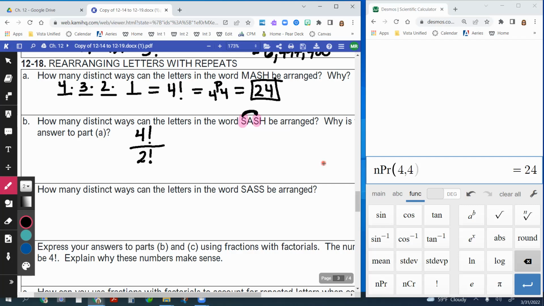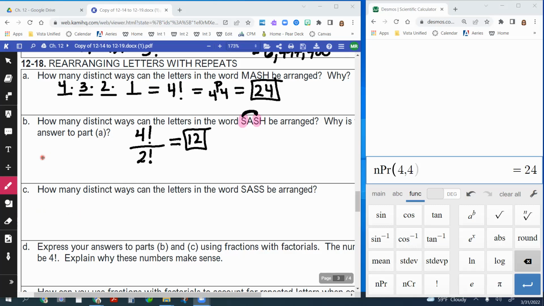I can arrange them 2 factorial ways. And I'm going to put this into my calculator and get my answer. Now, this really is 4 times 3. So this is going to give me 12 as my answer for this one when I work this out.